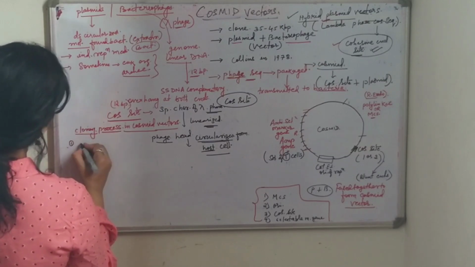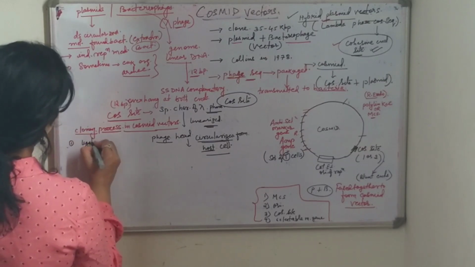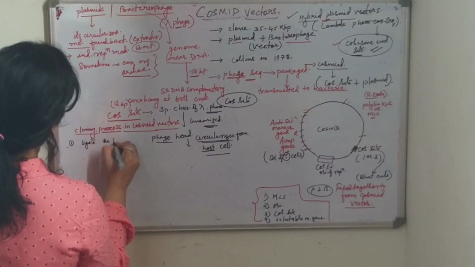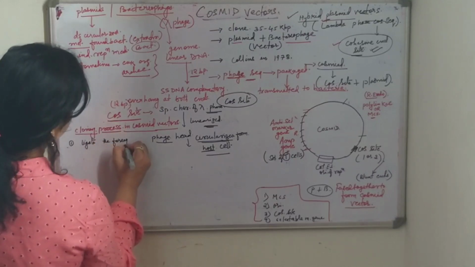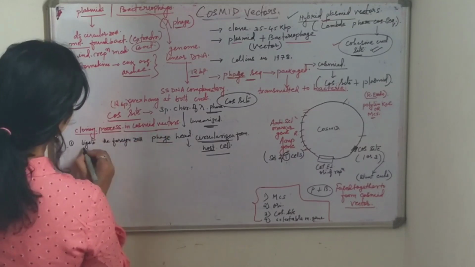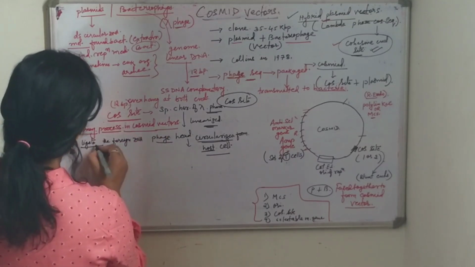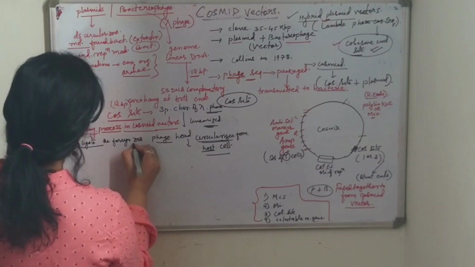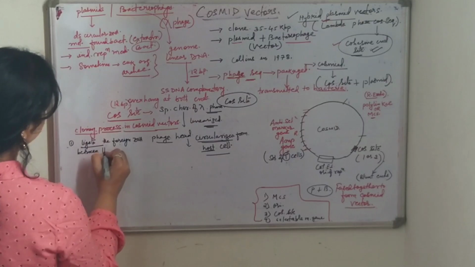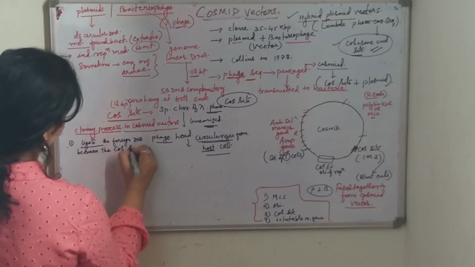First step is one should ligate the foreign DNA, the DNA which we want to clone. Okay. First we will ligate the foreign DNA between the cos sites.